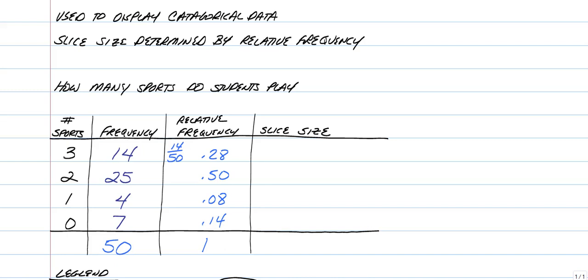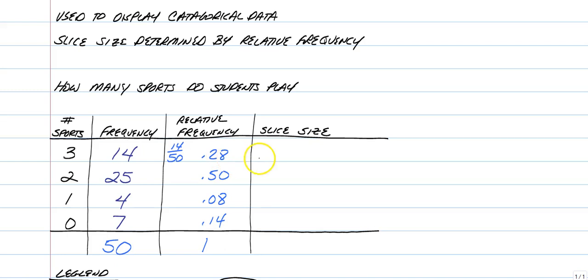Now how do we compare this with the size of a slice in our pie? Well, we should remember from geometry that circles are 360 total degrees. So in order to find the slice size of a pie chart, all you have to do is multiply your relative frequency times 360 degrees.